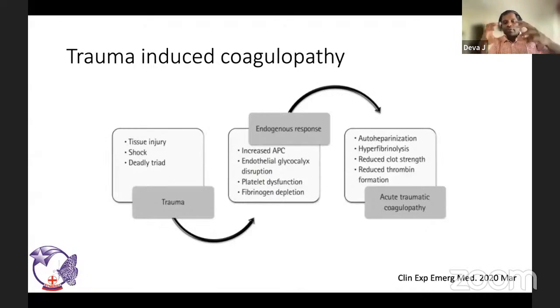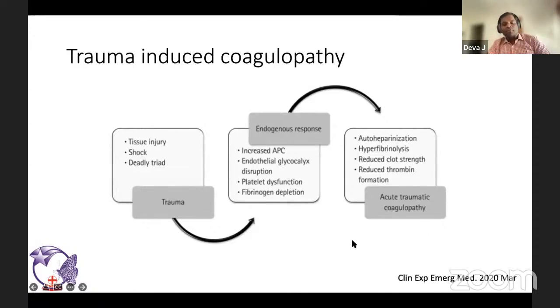Tissue injury, your platelets are not working well, your fibrinogen is less, you have autoheparinization. On top of this, if you pour more and more crystalloids, you will dilute the coagulation factors further, and that will lead to further depletion of coagulation factors, including fibrinogen, and worsening of the coagulopathy.